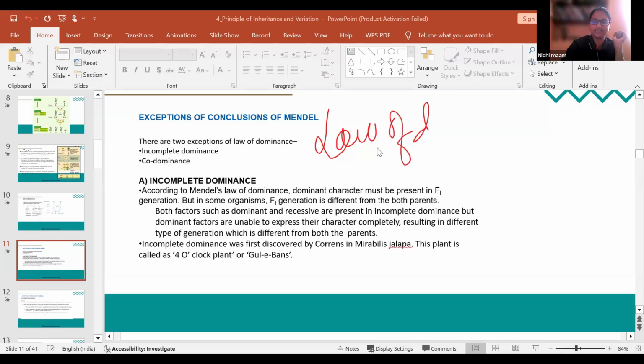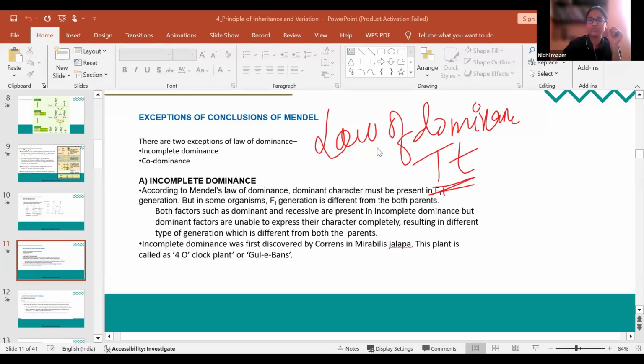Let us consider an example, a heterozygous example of tall plants. So the genotype is Tt. Capital letter T indicates tallness, small letter t, that is lowercase t, indicates dwarfness. But even though it has a characteristic of dwarfness, all the plants were tall. Why?